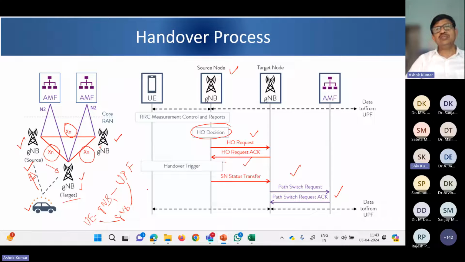Now the decision of handover is taken by the source gNodeB, knowing that the signal strength from the other BTS is quite more and has crossed the threshold. Based on that, it initiates the handover process. Okay. Thank you, sir.